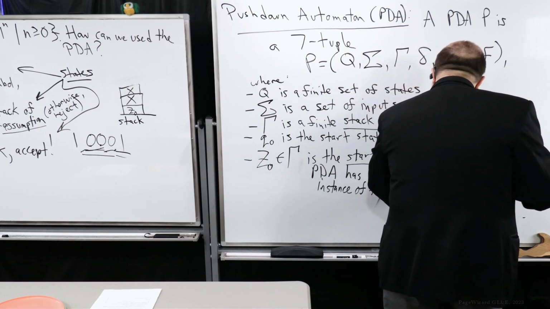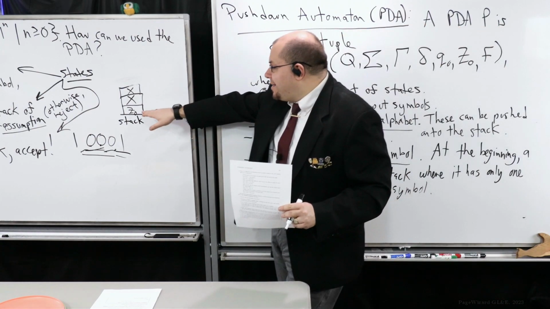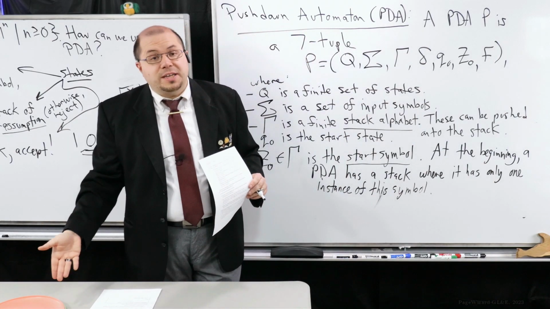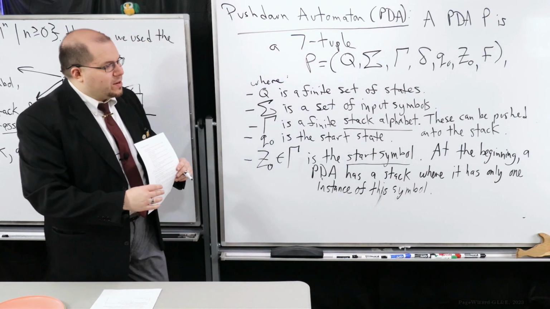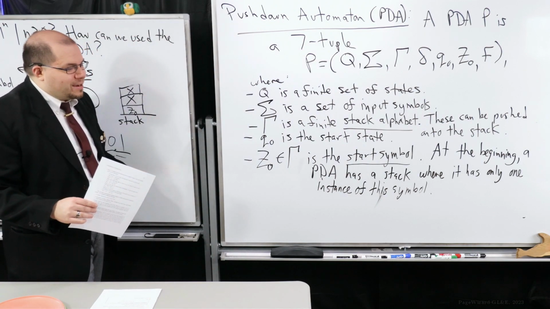So in plain language, the PDA begins where the stack has Z0 already on it, just like our first initial plate on the stack. So it starts off with a plate on the stack.